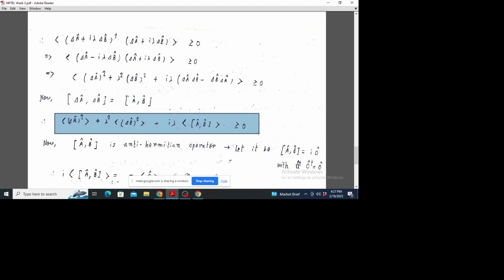So only the non-trivial commutator will be between A and B, and so the commutator of delta A and delta B is equal to the commutator of A and B. Now we get this.